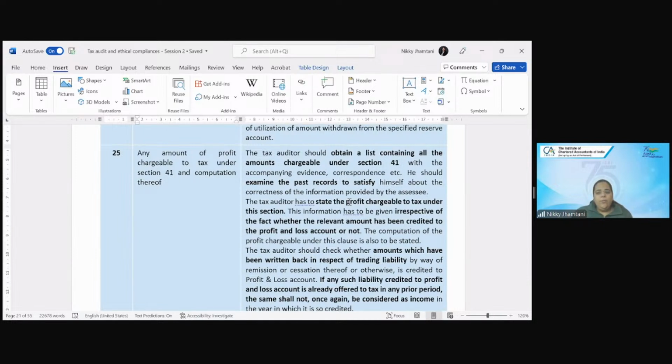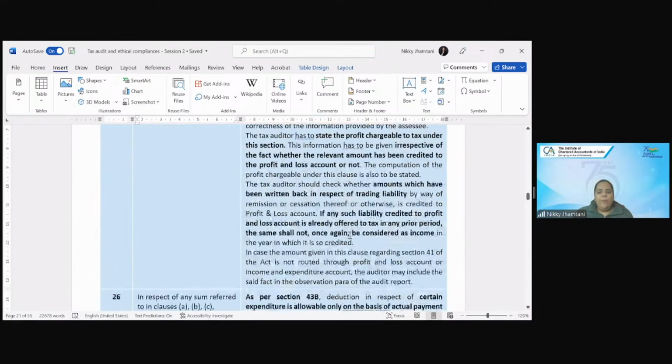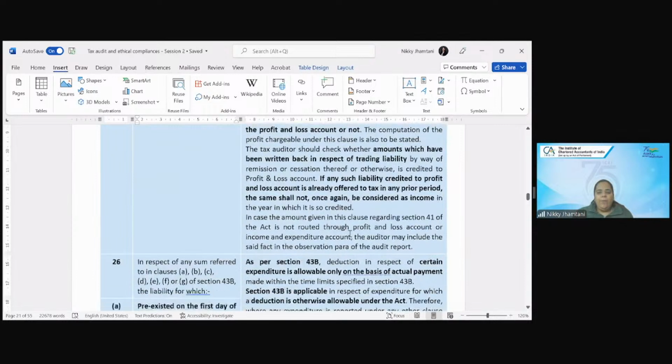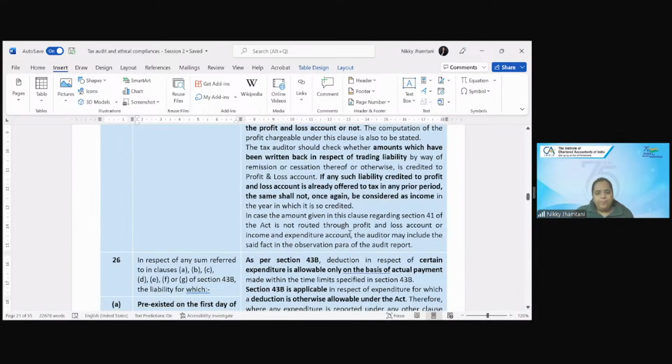This information has to be given irrespective of the fact whether the relevant amount has been credited to P&L account or not. The computation of the profit chargeable under this clause is also to be stated. The tax auditor should check whether amounts which have been written back in respect of trading liability by way of remission or cessation thereof is credited to the P&L.